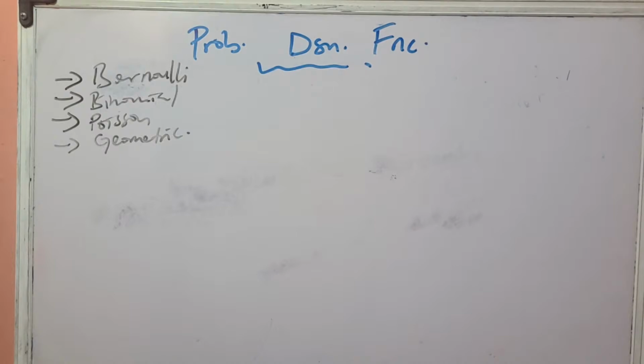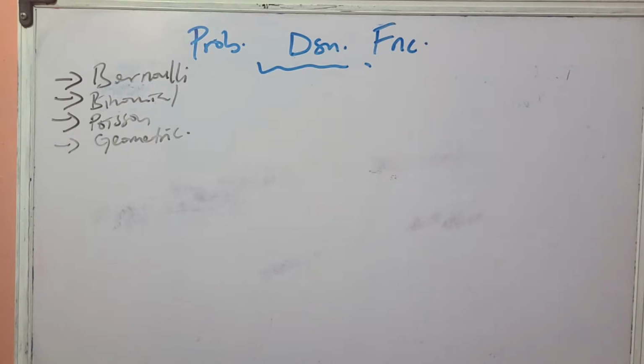I want you to understand that every one of these distributions has its various features, and for you to be able to answer questions on all this, you must be very conversant with what each and every one of them has, what their feature is. So last night we talked about the features of Bernoulli and binomial.